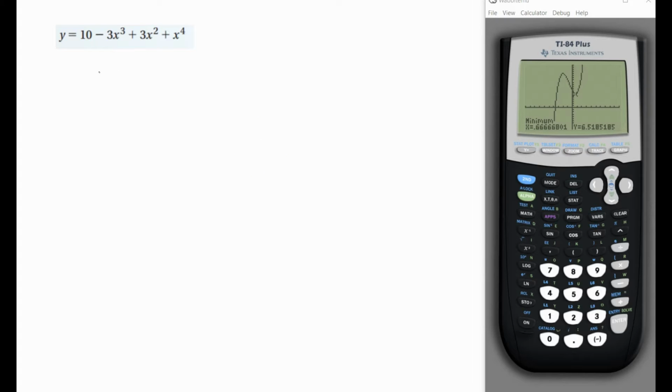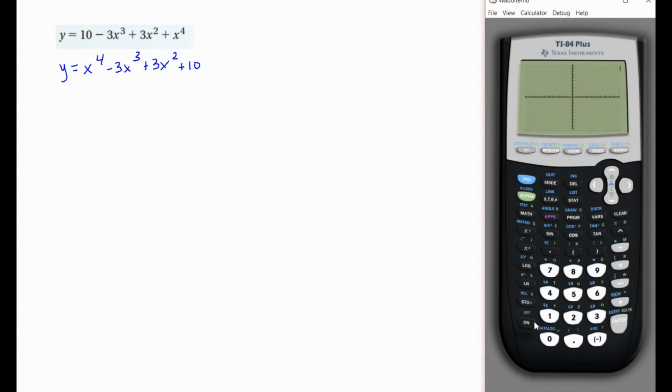So I have y equals x to the fourth minus 3x to the third plus 3x squared plus 10. So it is a 4-term, fourth degree polynomial. Alright, so again, we're going to graph it.